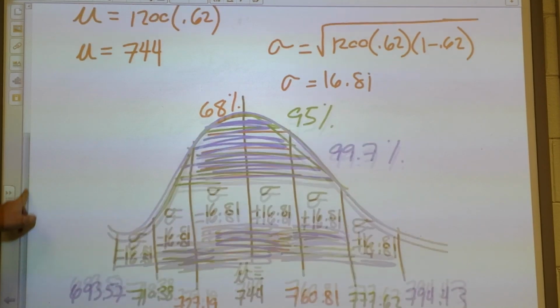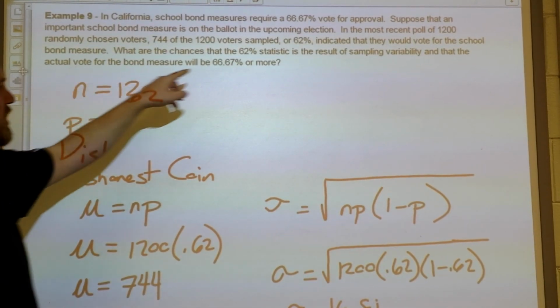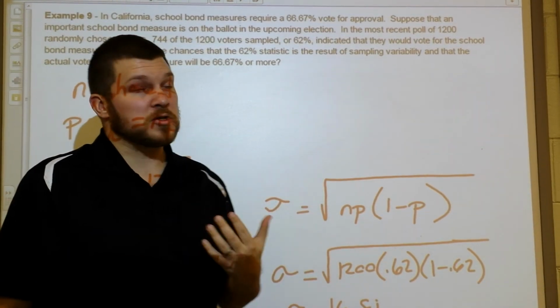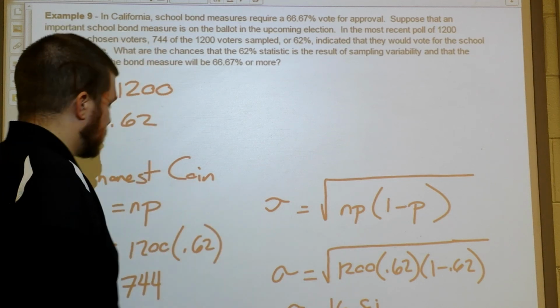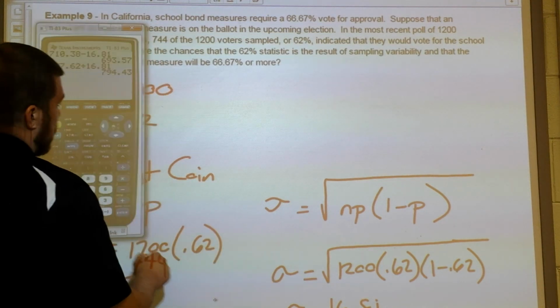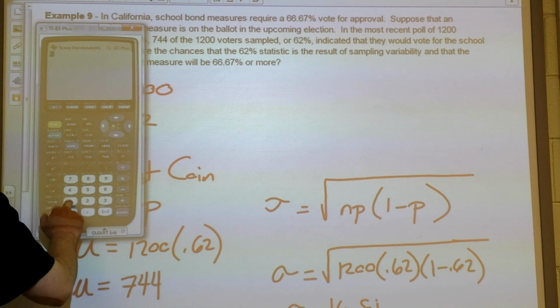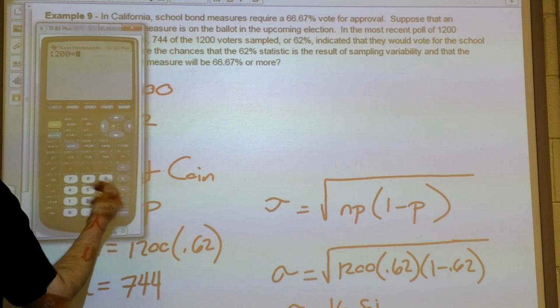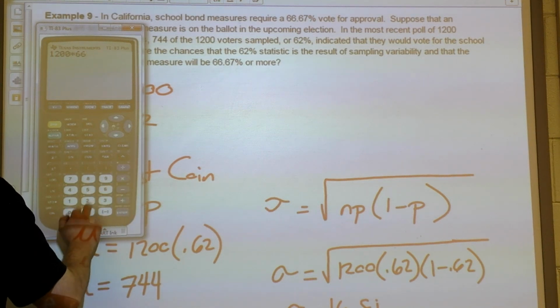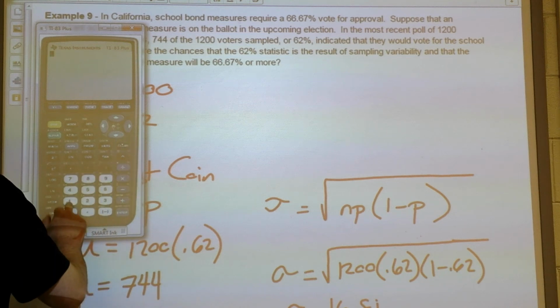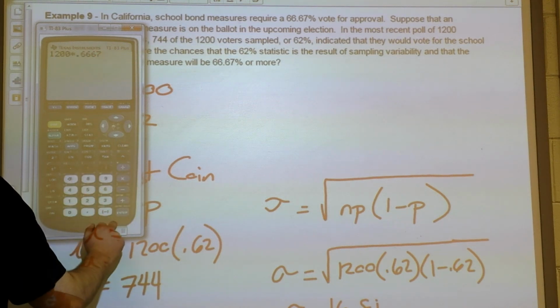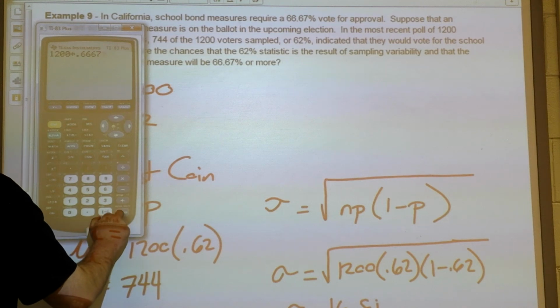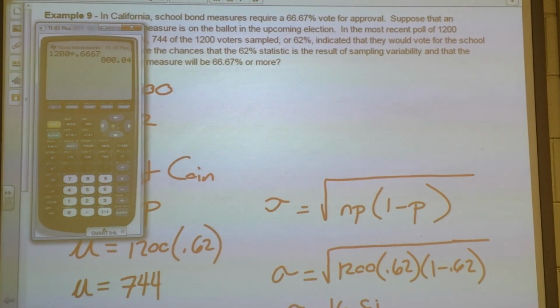Well, let's figure out, of the people who were interviewed, it says we need 66.67% of the people who were interviewed to pass. So let's figure out what that actually is. So we have 1,200 times 66.67, or 1,200 times 0.6667, because 66.67% is a decimal, and that's 800.04 people. I forgot my decimal.